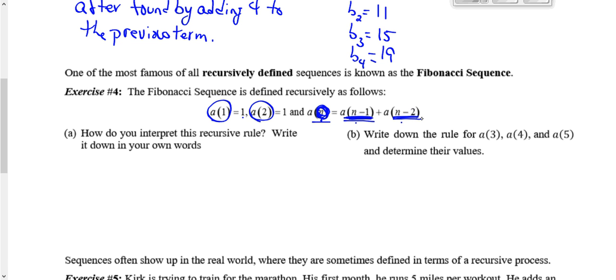So basically, these are the previous 2 terms. The sequence says you get the next term by adding them. Guys, these are not operations here. That's just telling you the place in line.